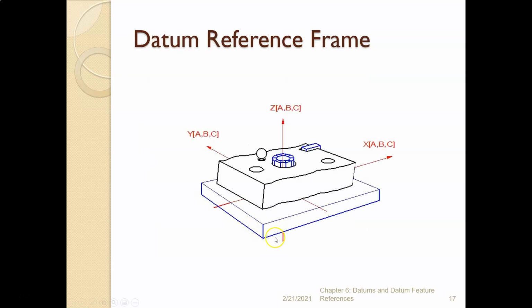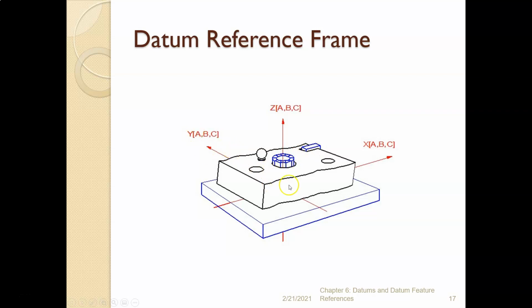Let's go back to this part right here. Can this part move? No. Can we take the part and slide it in either the X, Y, or Z direction? No. We can't slide it along the X-axis, because datum feature C and datum feature B prevent us from doing that.